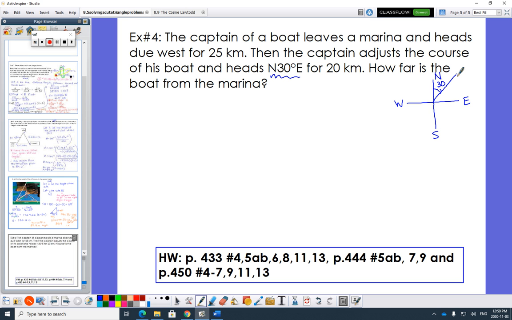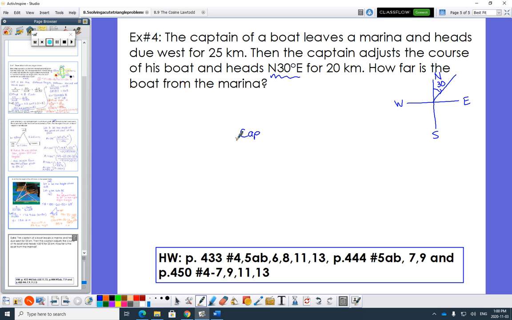So that kind of thing, all right? So we have a captain of a boat, leaves a marina, and heads due west for 25 kilometers. So for right now, I'll use C for captain. You can even write cap. Okay, and the captain goes west. Which direction is west?